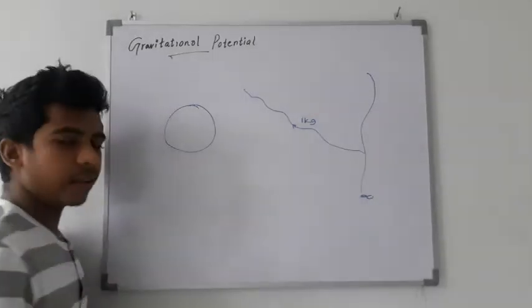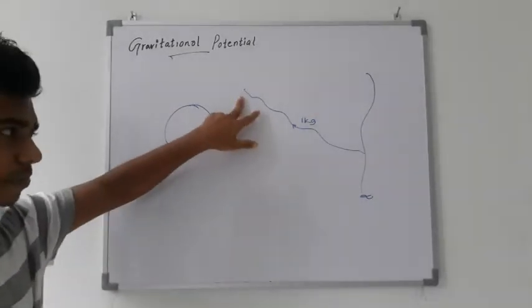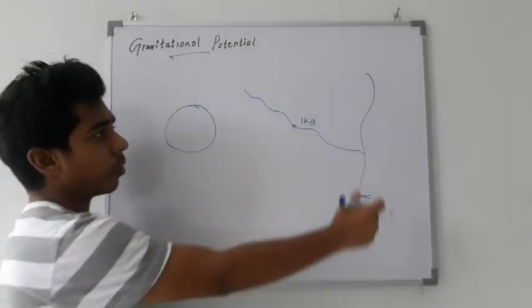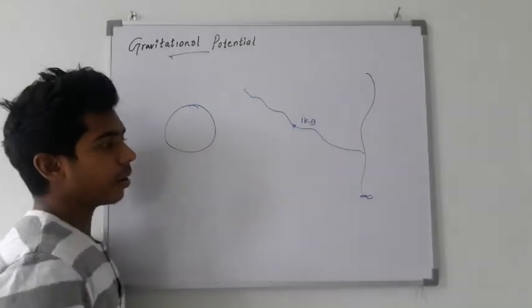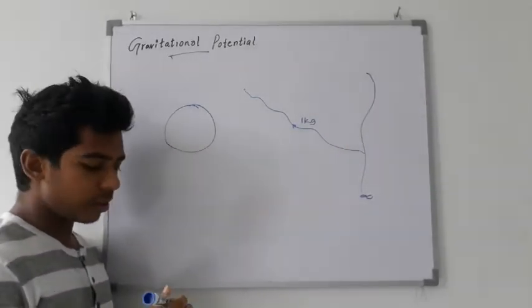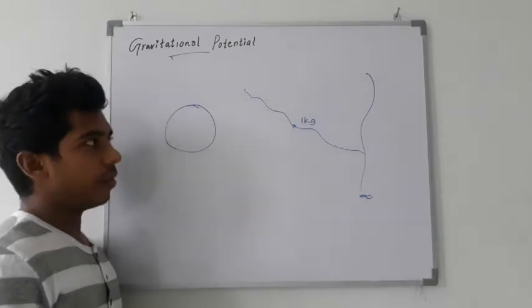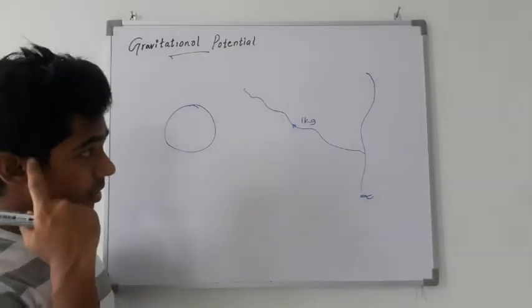So here I draw a boundary line for infinity, but actually we know there is no boundary for infinity. Just to visualize, I just draw that.